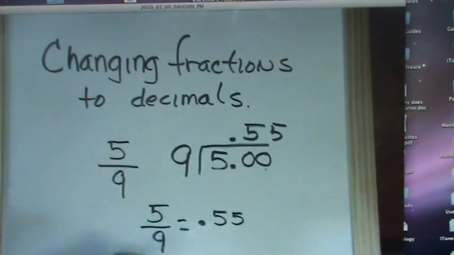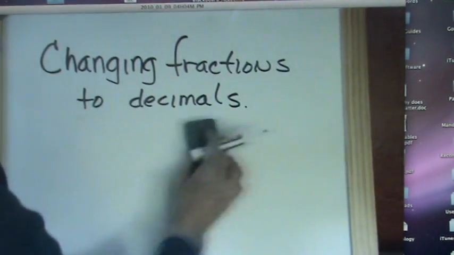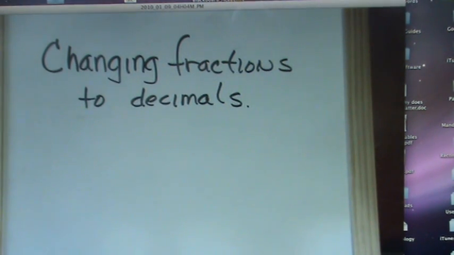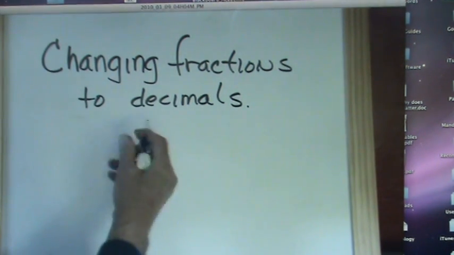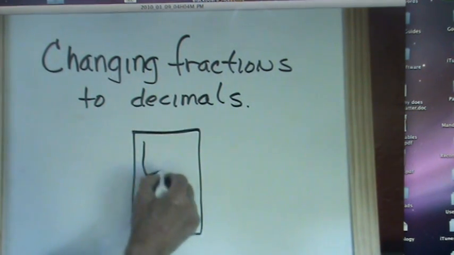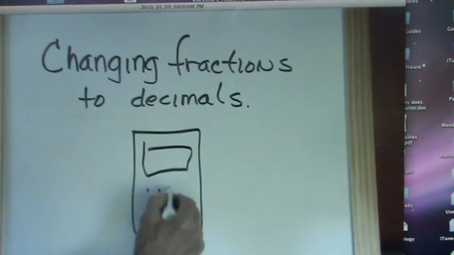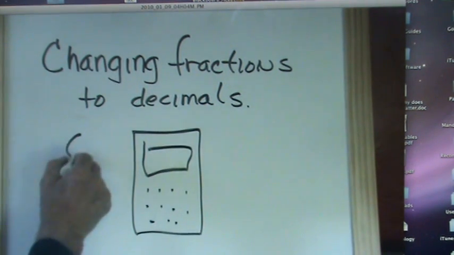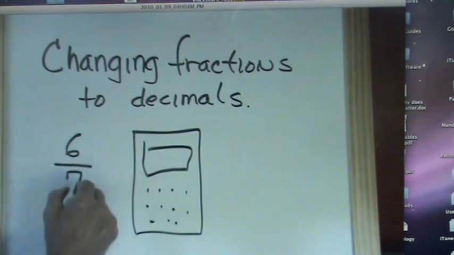Now, just one other quick thought. A lot of times you may not use long division to do that kind of a thing. You may have your calculator. So let's say this is your calculator on your phone or whatever, and you have your numbers here. And we have the fraction 6/7.